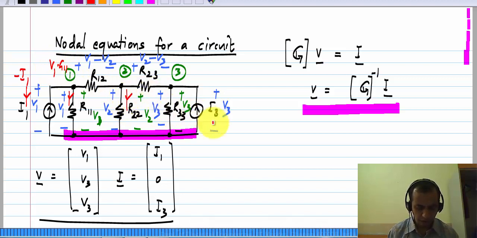So the current through R22 would be V2 times G22.